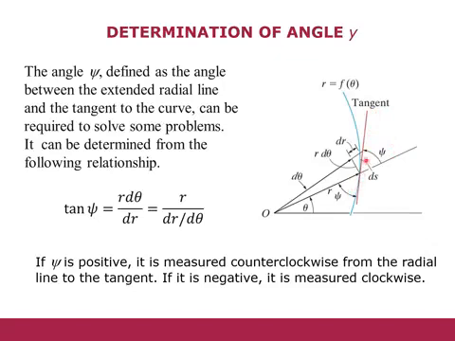Suppose our particle is moving in this direction and covering some differential distance ds, with transverse direction r d theta and this radial direction dr, then tan psi can be defined as r d theta by dr. If you calculate it in a counterclockwise direction, then it will be positive, otherwise it will be negative.